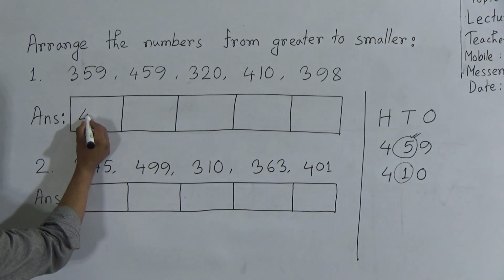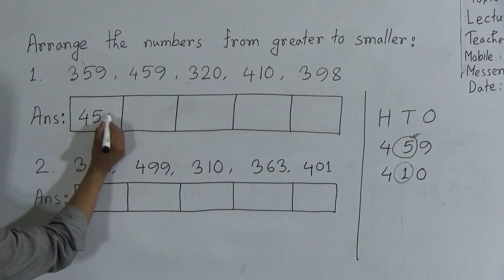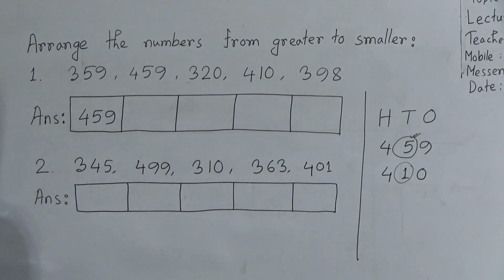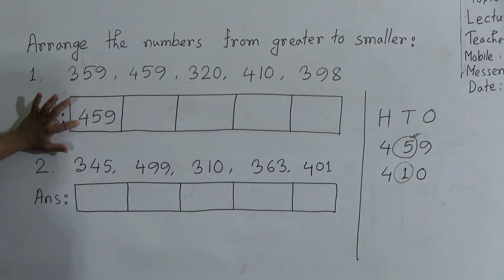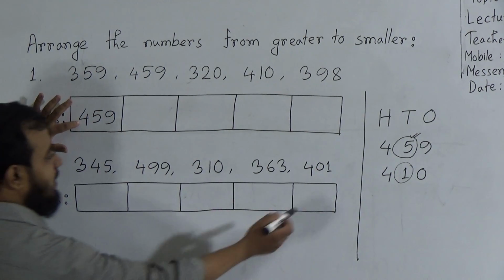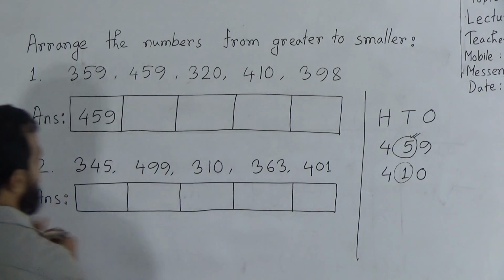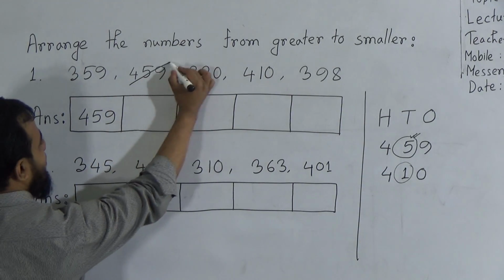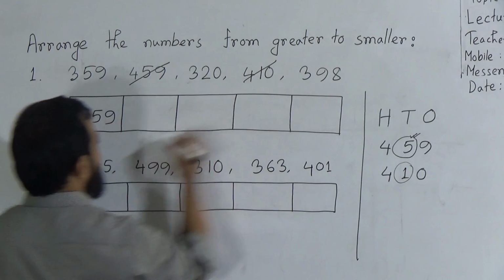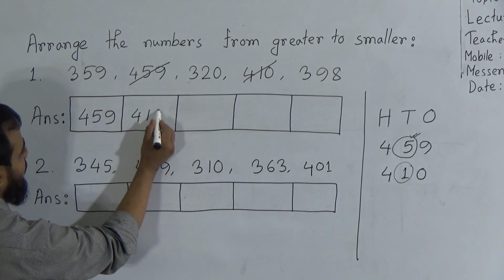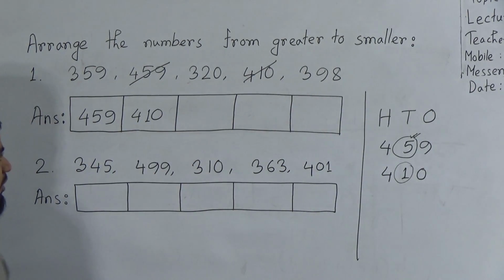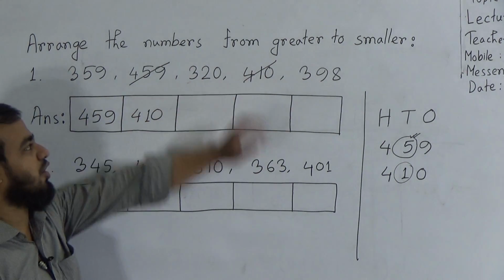So we should write down 459 at first, because today we are going to arrange from greater to smaller. The greatest number is 459 and our next number will be 410. We have written down these 2 numbers already, that is why I cut these 2 numbers from the question.